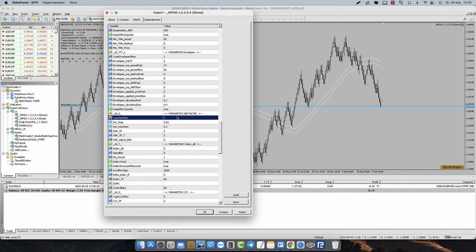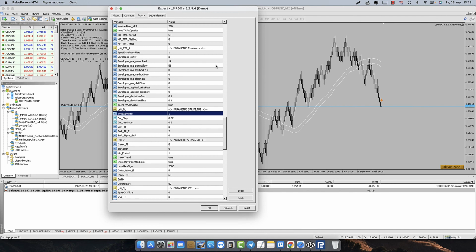Learn how it works and it will be clearer how to use it. The robot cannot open any order if this indicator signals buy but that indicator signals sell. The robot will never open an order then. An order will be opened only if two indicators signal the same direction. If two different indicators coded in the robot are activated, they must signal in the same direction. No other way.